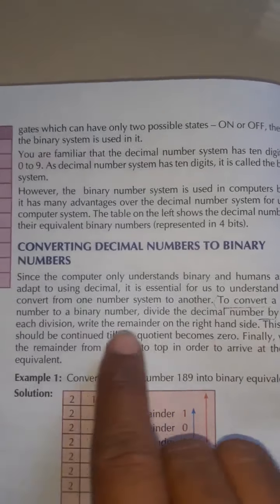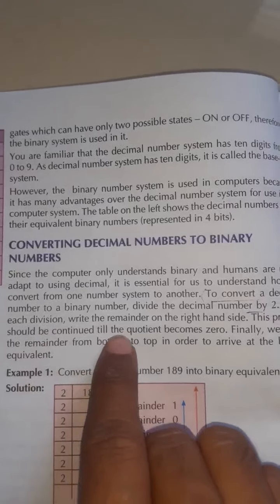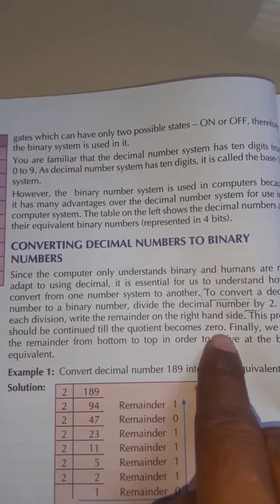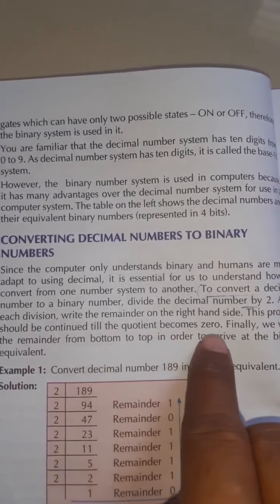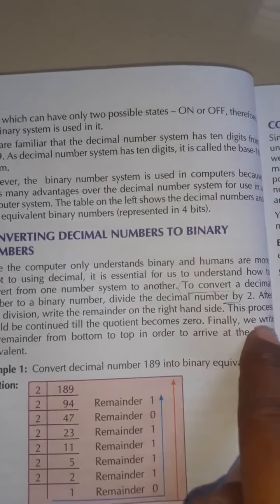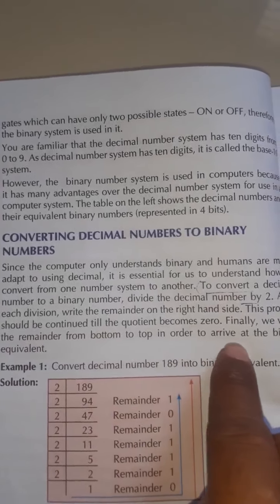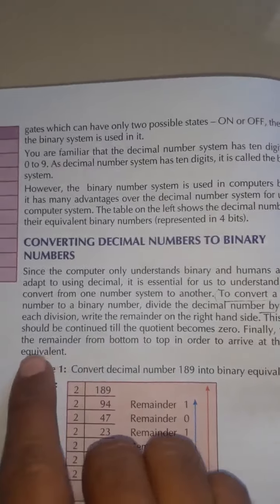This process should be continued till the quotient becomes 0. And finally, we write the remainders from bottom to top in order to arrive at the binary equivalent.